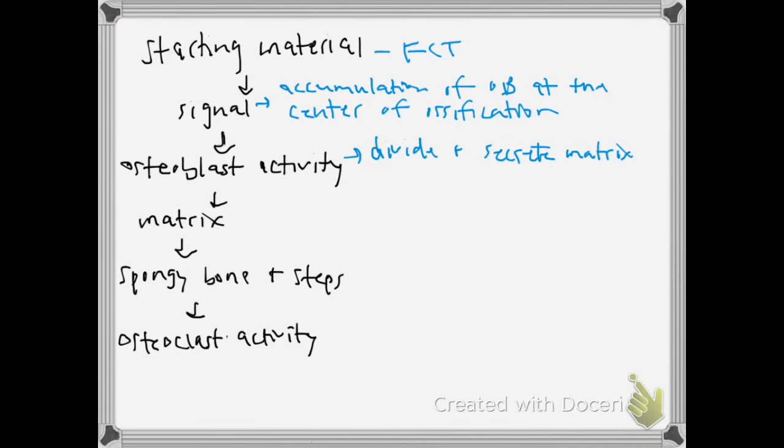What is matrix? It's that background fluid and those proteoglycans making up the ground substance, as well as these fibers. So our osteoblasts have accumulated in this center of ossification. It's just a location within this sheet of fibrous connective tissue. We're creating this matrix. Remember, this matrix can be called matrix, it can be called osteoid, or it can be called osteoid seam. And then as more and more of this matrix gets deposited, we're going to start depositing those different salts, like that calcium phosphate, those calcium and phosphate ions, and this tissue is going to start ossifying, getting hard, or becoming bone.